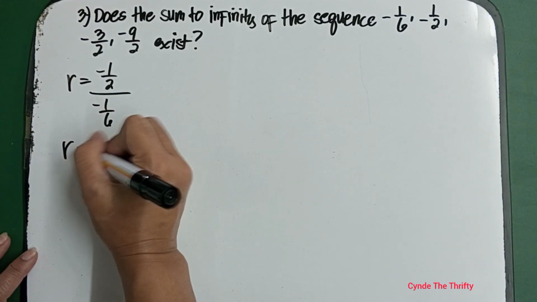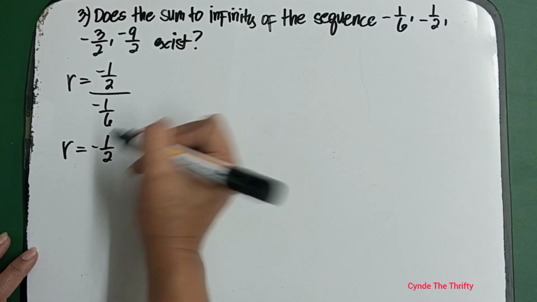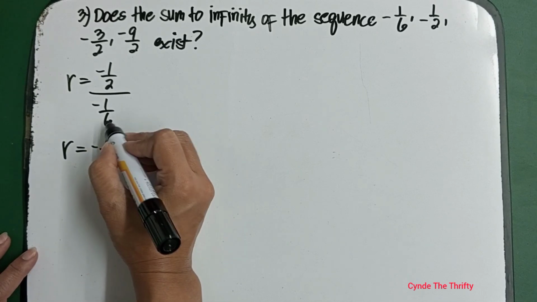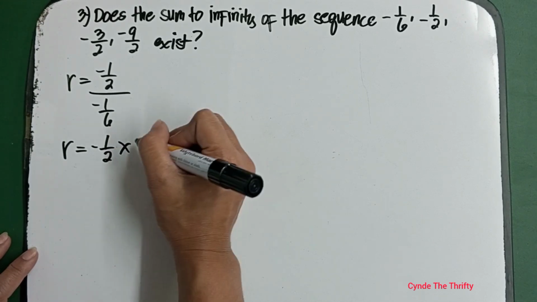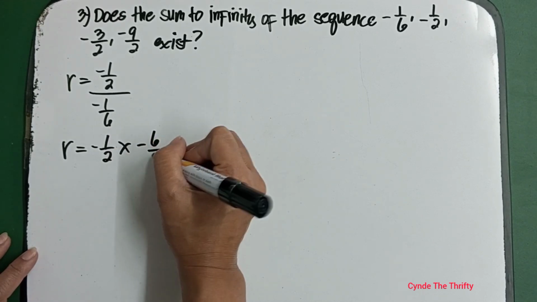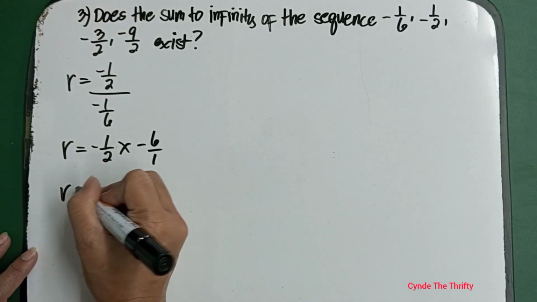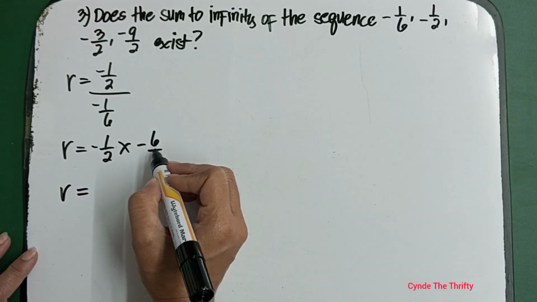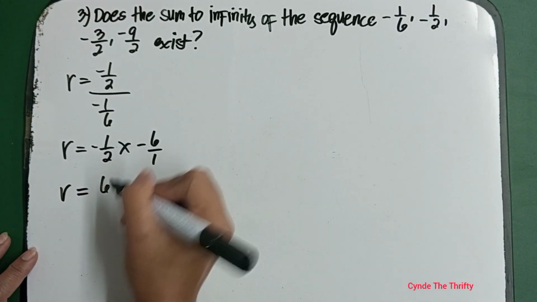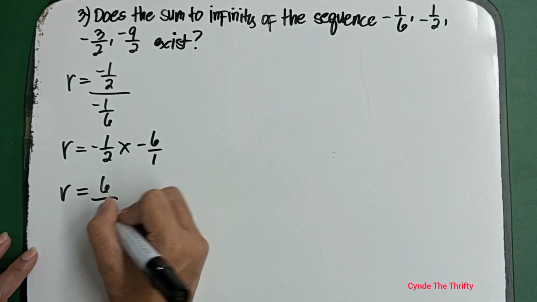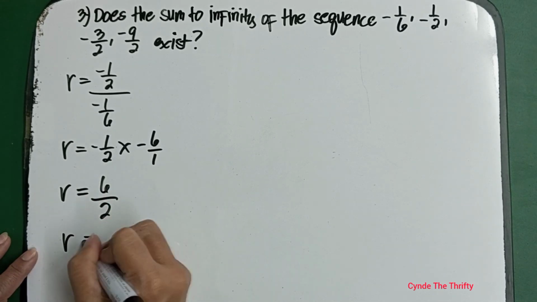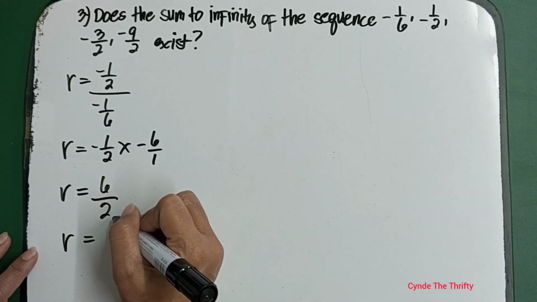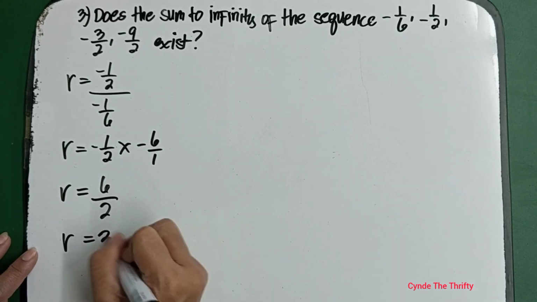So common ratio is equal to negative 1/2 multiplied by the reciprocal of our divisor. So that is negative 6 over 1. So, common ratio, negative 1 times negative 6 is positive 6 over 2 times 1 is 2. So, common ratio is 6 divided by 2 is equal to positive 3.